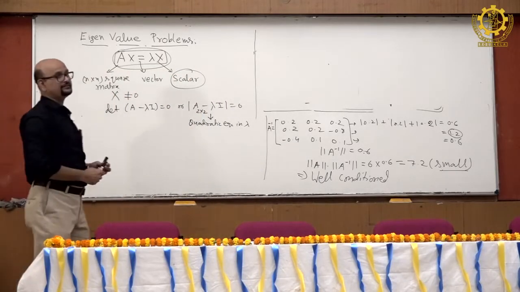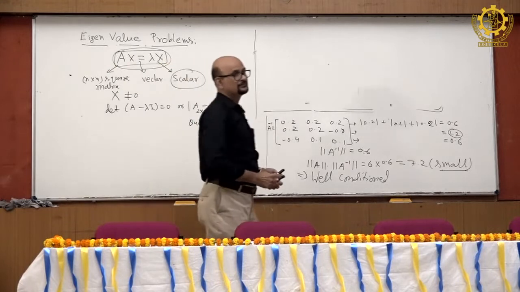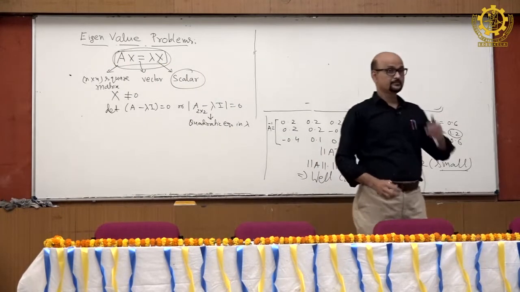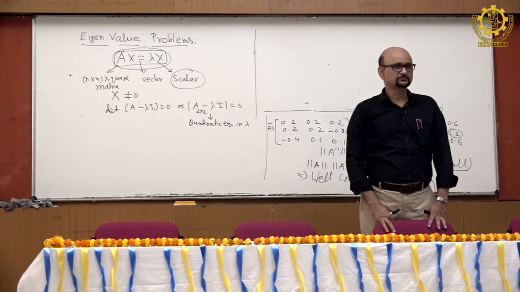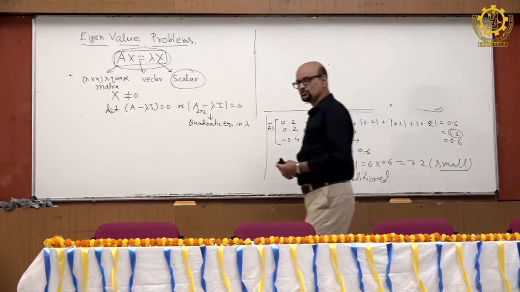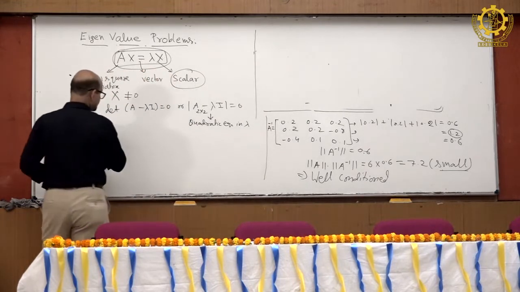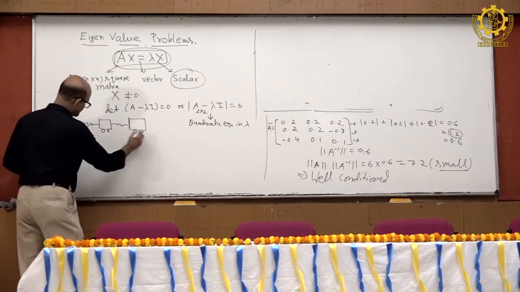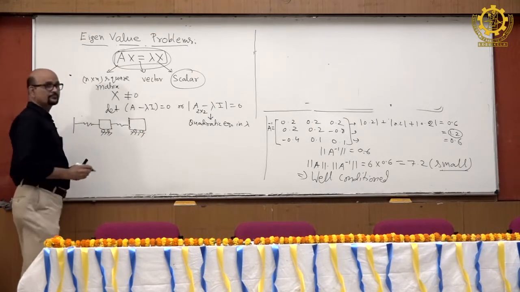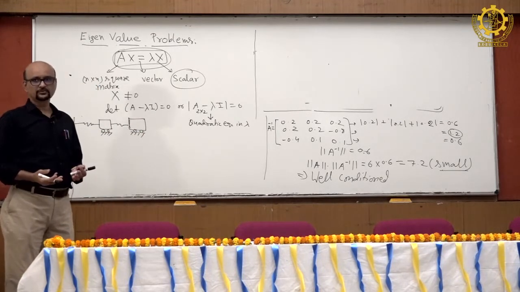You have read in class 12 physics about degrees of freedom and spring mass systems. If I have two masses connected with springs, we have read this, or not?